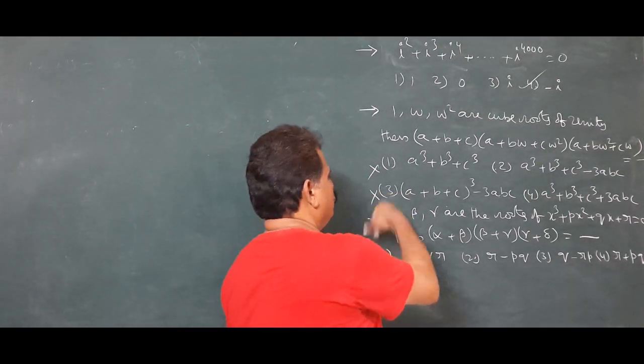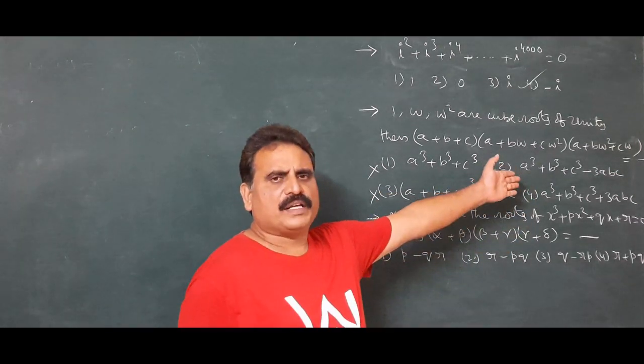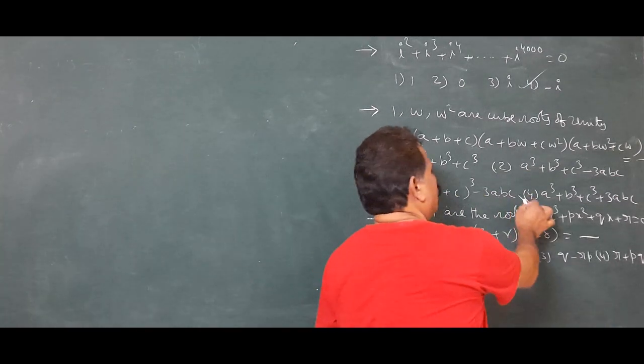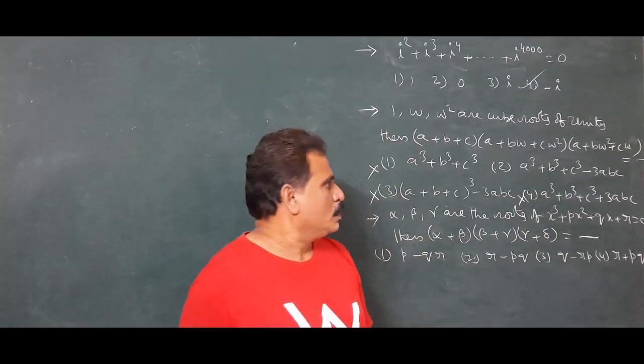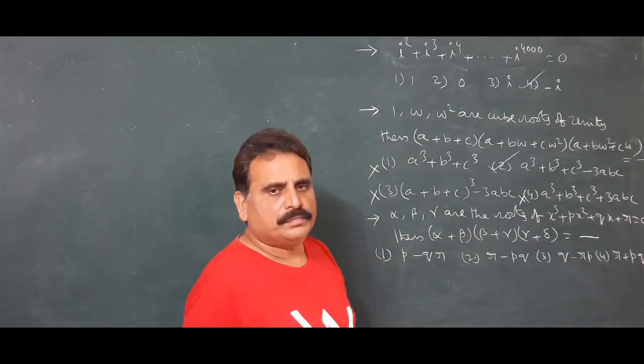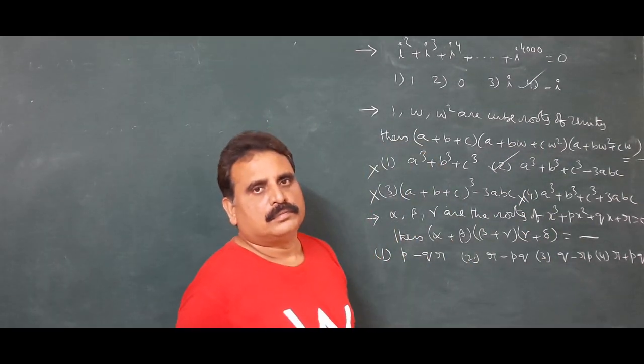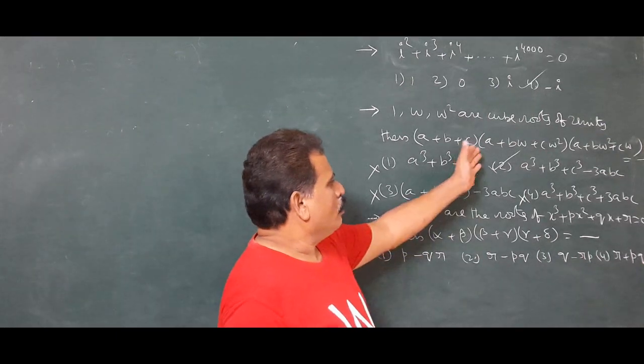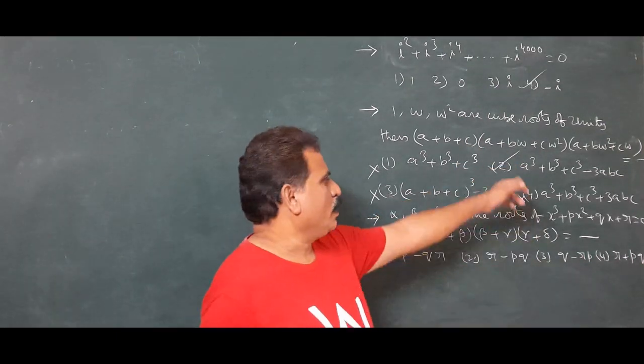That is wrong. Fourth one, all are plus, not 0. Wrong. So the second option is the right answer. You can easily identify it, but you should learn the method also. Multiply, simplify, definitely we get that.